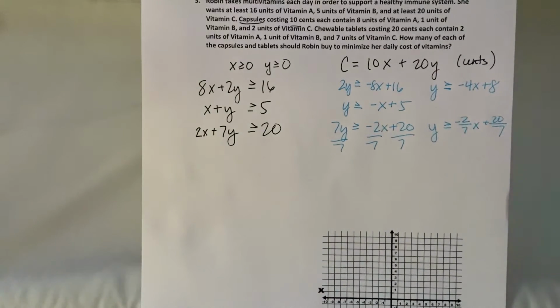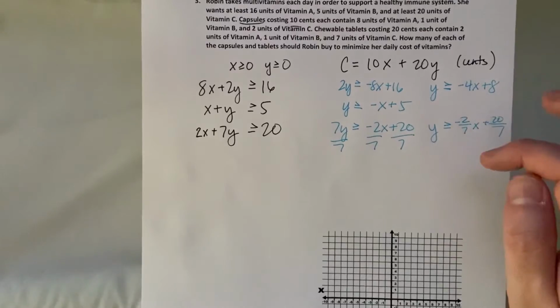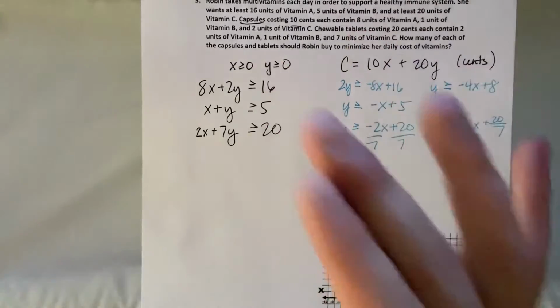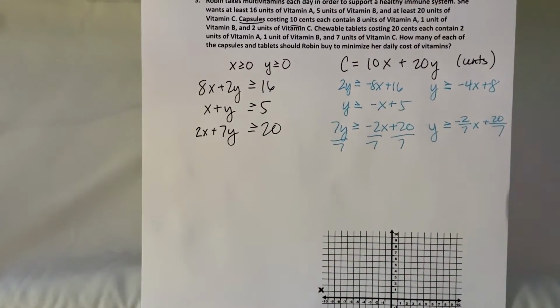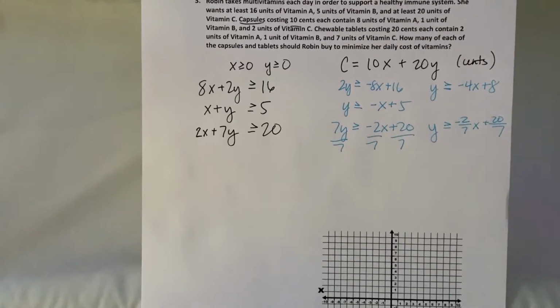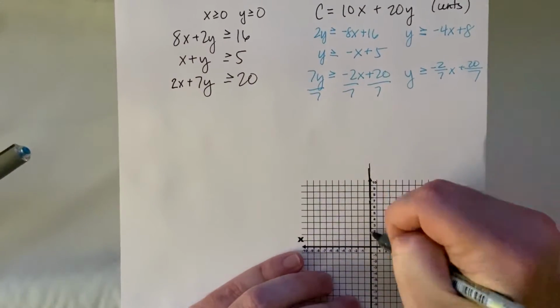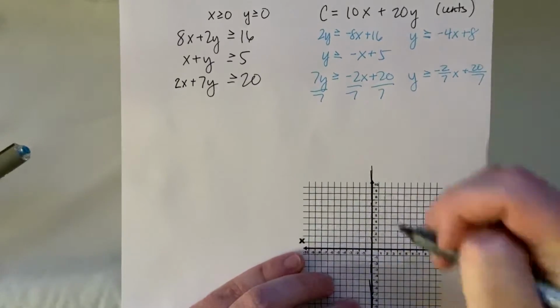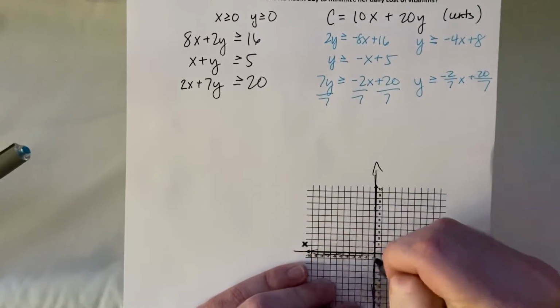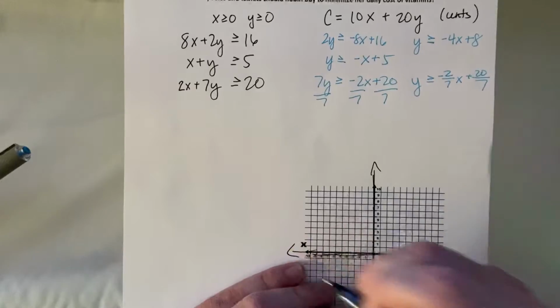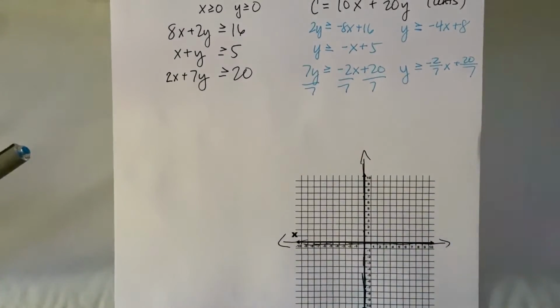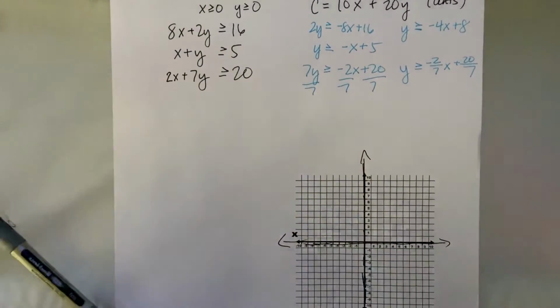Okay, so let's graph all of these. Since these are all greater-thans and these are all going to be in the first quadrant, we don't really need x greater than or equal to 0 or y greater than or equal to 0 in these cases. I mean, we kind of do. The x and y restrict us to, again, our first quadrant, the top right quadrant. Okay, y is greater than or equal to negative 4x plus 8.